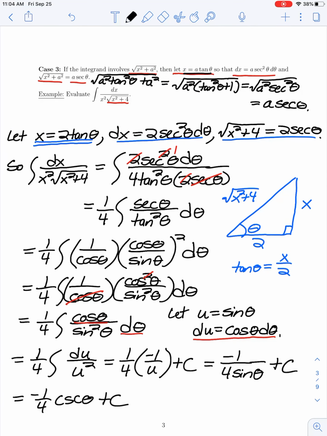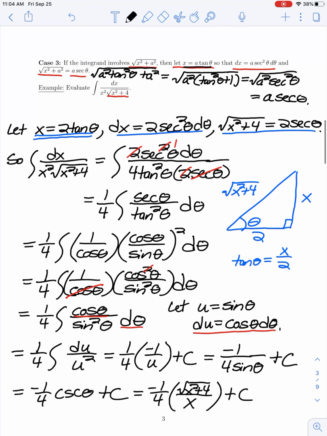So going back to our answer here, we have negative 1/4 times cosecant theta. Now cosecant theta, or 1 over sine of theta, would be given by the ratio of the hypotenuse, which was the square root of x squared plus 4, over the opposite edge, which was x, plus c.